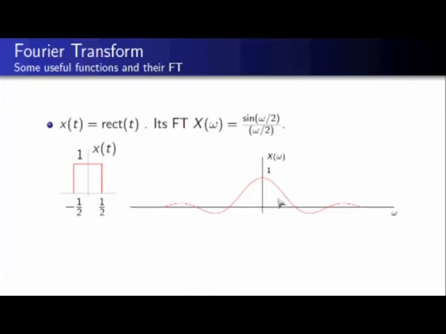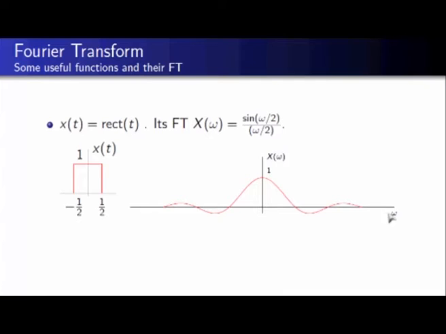The interpretation here is that X of omega contains significant contribution of low frequencies, because at low frequencies its value is very high, and at high frequencies away from 0 it becomes very small. The rect function contains low frequencies and does not contain high frequencies. That's one interpretation.